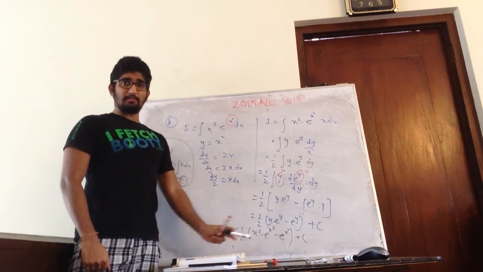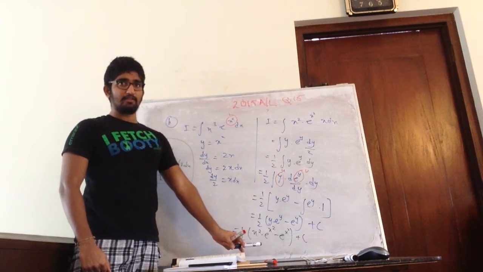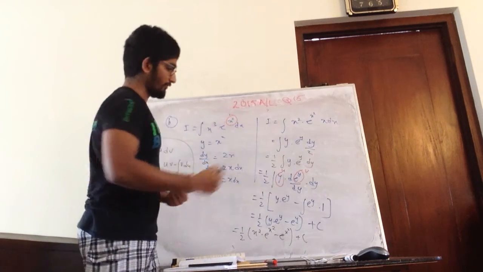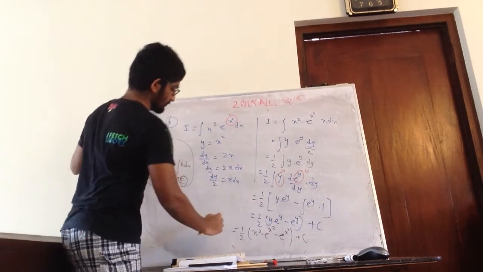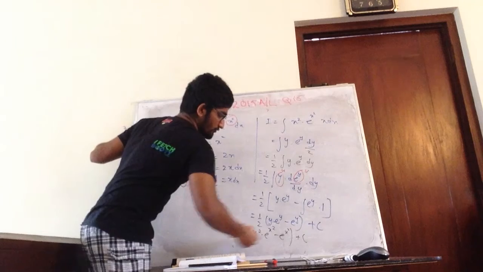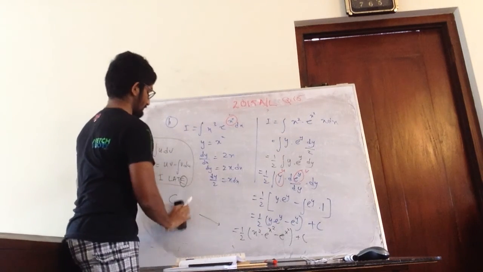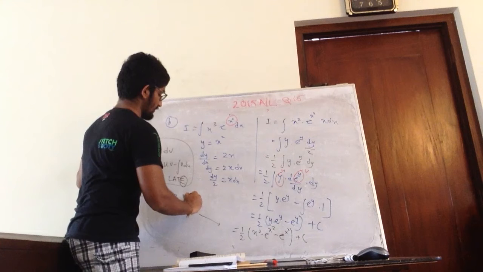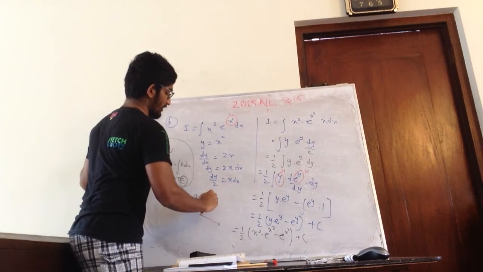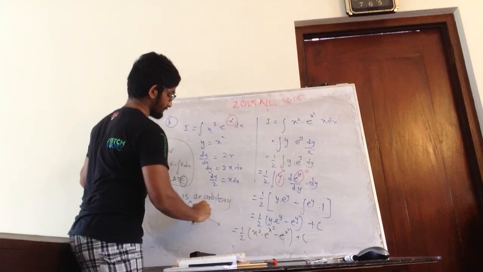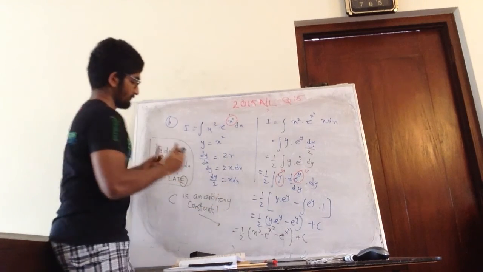This is the answer, but this answer is not complete. You should always write that c is an arbitrary constant. So at the end you should write c is an arbitrary constant.